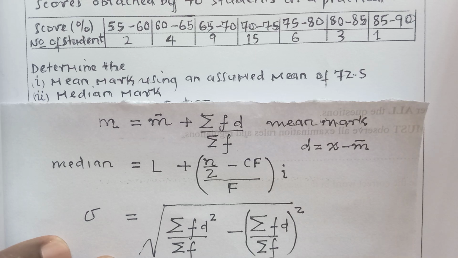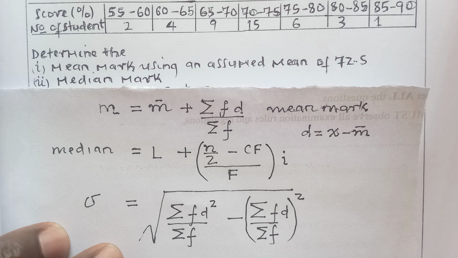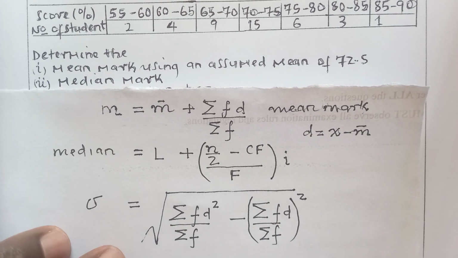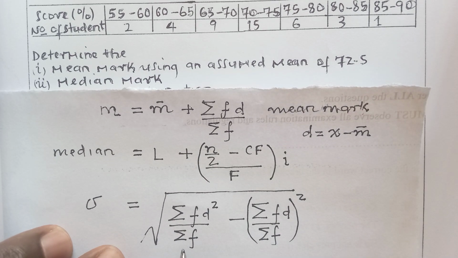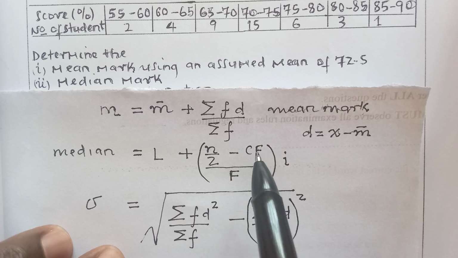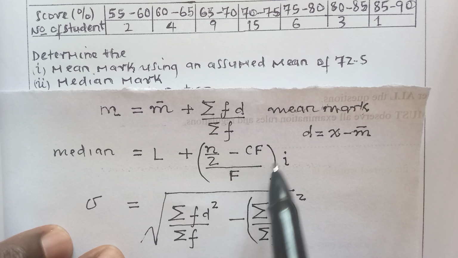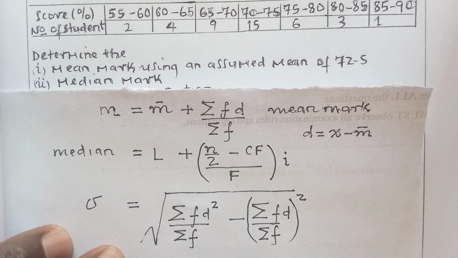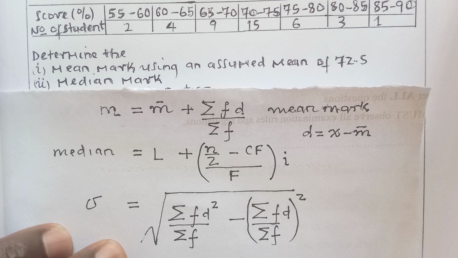We shall also have the column of frequency and the column of cumulative frequency. And so guys, let's begin drawing our diagram, that is filling the columns and the rows.